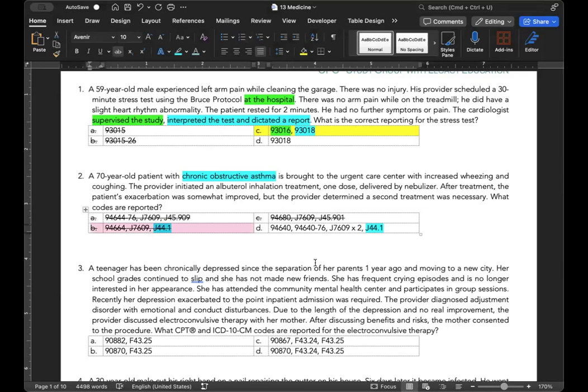So let's just go look at the 94640 just for our knowledge. We know that our answer is D, right? But let's take a look at those codes so we can get familiar with what they look like.